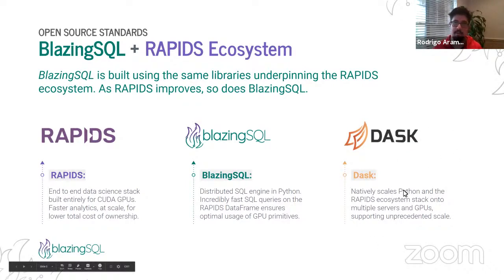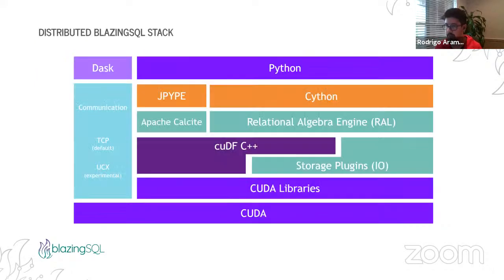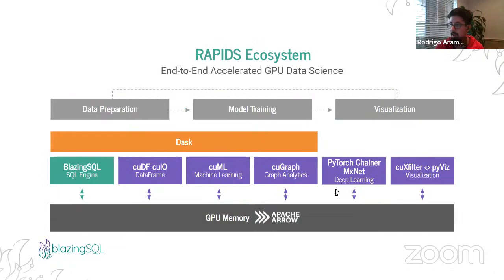And Dask is really the thing that brings it all together for a multi-node distributed environment. So if I'm trying to run SQL queries on multiple GPUs or cuDF data frame manipulations on multiple GPUs, I'm going to need to use Dask. If I want to do machine learning on a distributed data frame, I'm going to need to be using Dask. And so we'll go over a little bit of that during the demo.